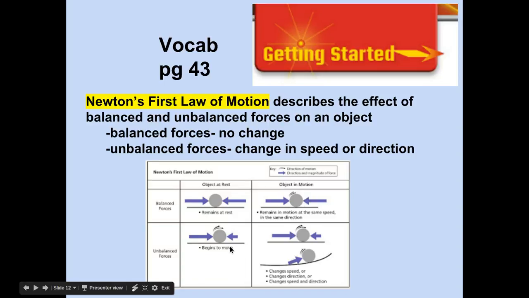If it's unbalanced, like a large force pushing from the left and a small force pushing from the right, that would cause that object to begin to move or accelerate. And if it's already moving and there's a large force, it's going to move faster, or if it encounters something like a hill, that's going to cause that motion to change also.